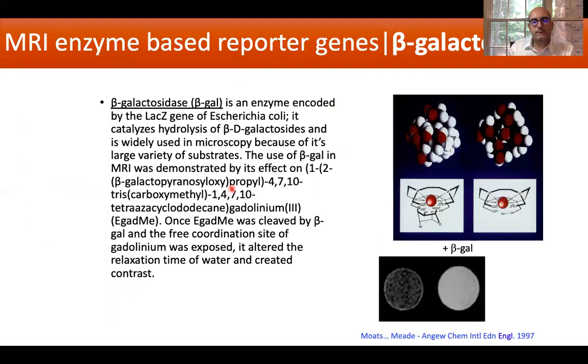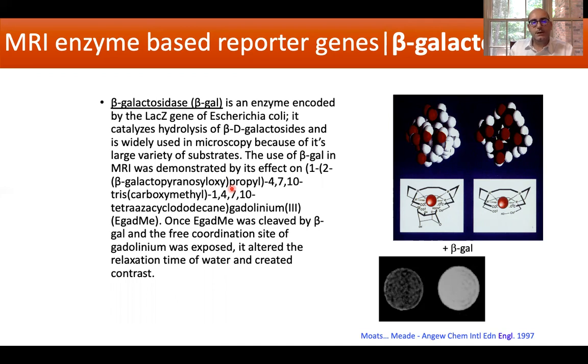One of the milestones that kickstarted the field of MR reporter genes was developed by Angelique Louie and Tom Meade, and that was a substrate for beta-galactosidase. Beta-galactosidase is an enzyme encoded by the LacZ gene of E. coli.